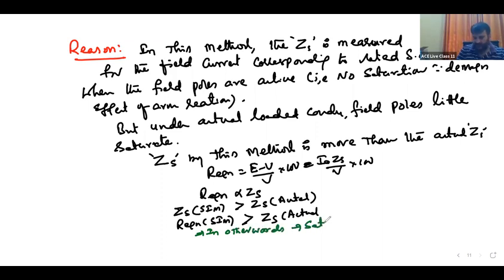Actually, saturation takes place, but due to short circuit, there is no saturation. Under short circuit condition, demagnetization occurs and no saturation takes place. Pessimistic is a bad method. Regulation is more means bad.